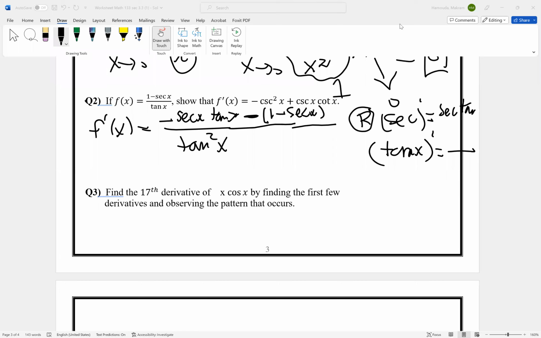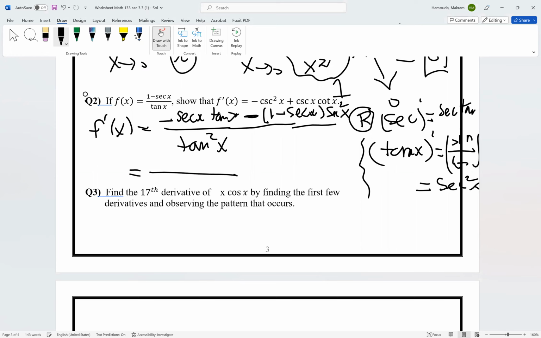So it's sine over cosine prime, so it is equal to secant square. Okay, that's the recall here. So I will put here secant square of x over tan squared, and minus secant multiplied by tan.